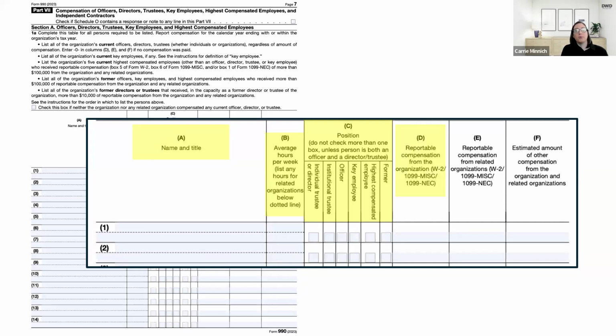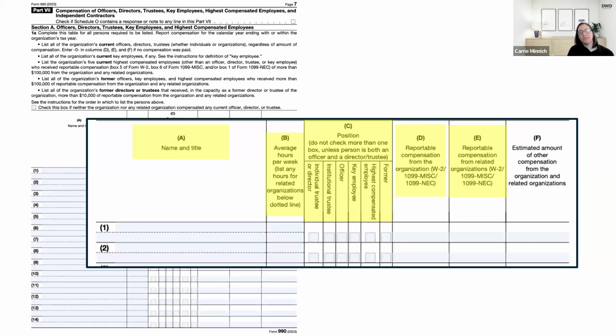You also need to report their salary from a W-2 or a 1099 if they got one from the organization. That needs to be listed here. Also, if they receive any compensation from a related organization. For example, some organizations will have a 501c3 main entity that does the programming, and then they might have a separate foundation that's a separate legal entity.